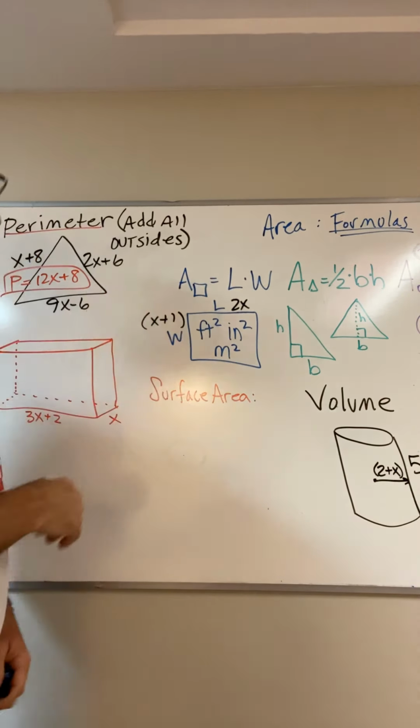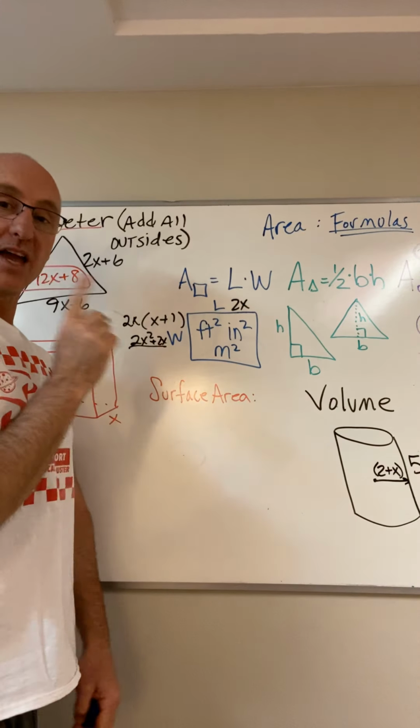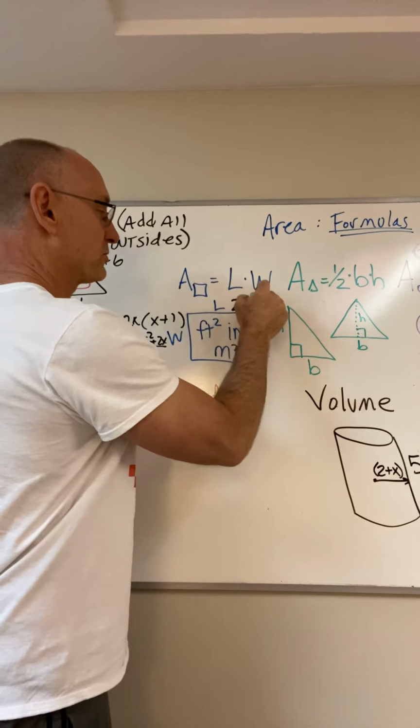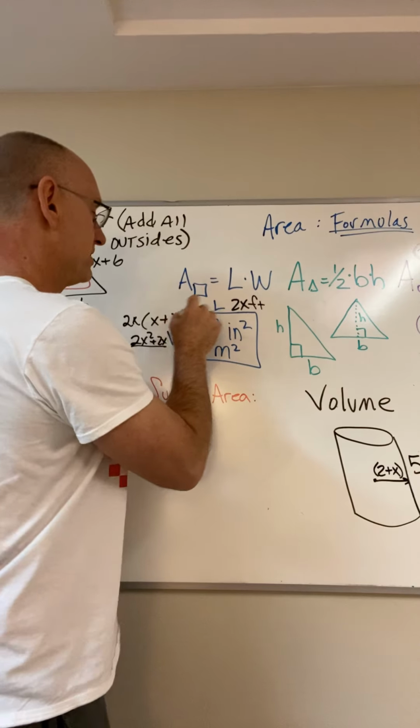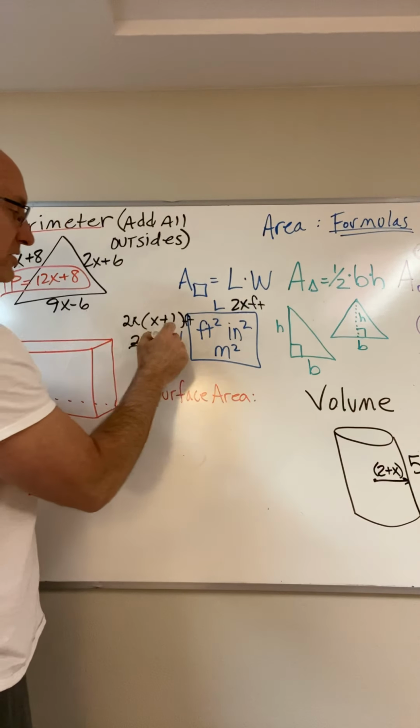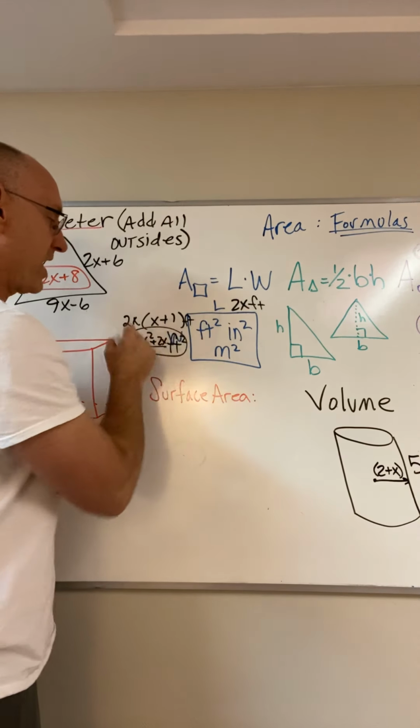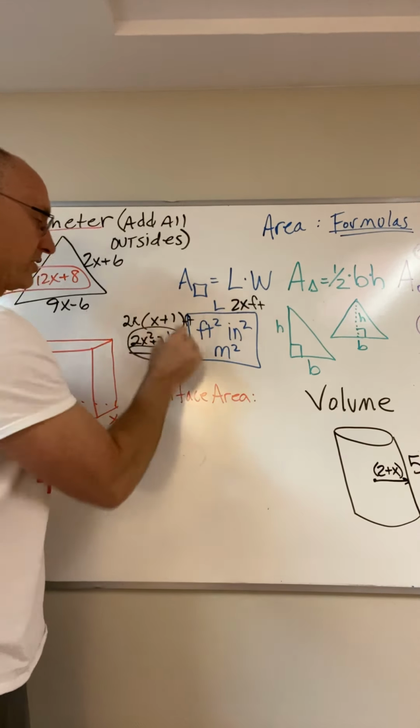Then I multiply 2x times x, I get 2x squared, and then 2x times 1 is plus 2x. That's my area. If this was feet, then that's 2x squared plus 2x feet squared. You put that squared on the units, and that's how you get your answer.